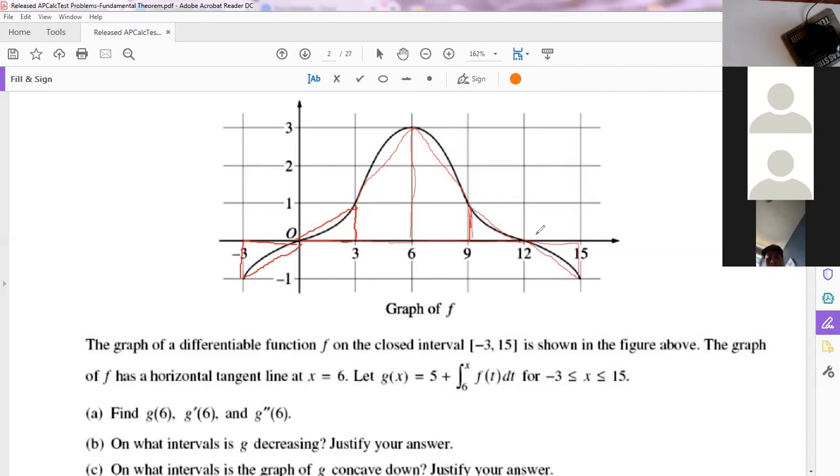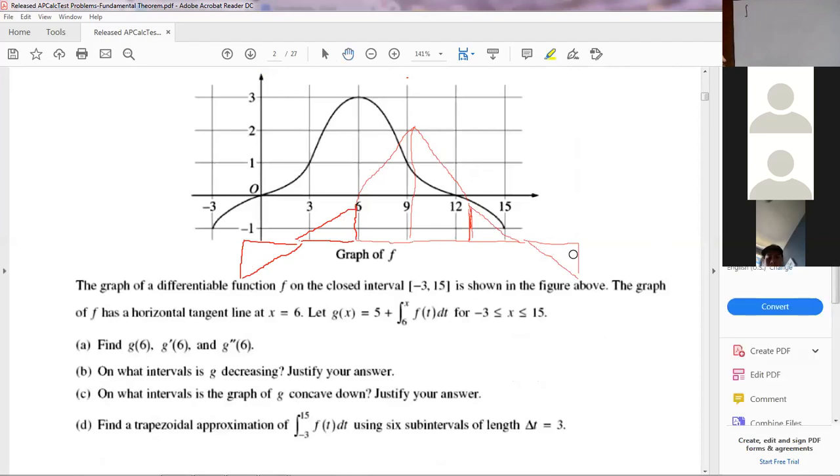So what we have to write on our paper is going to be the integral from -3 to 15.